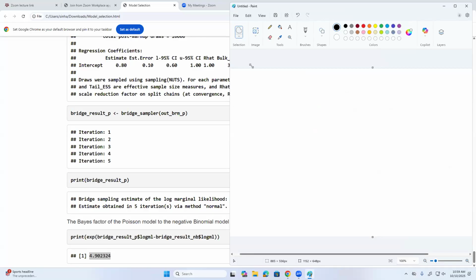Another thing is the BIC, Bayesian information criteria. Now this BIC is produced whenever you fit a model, right?